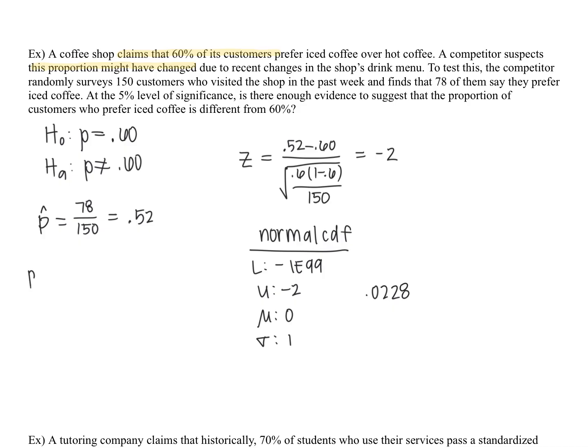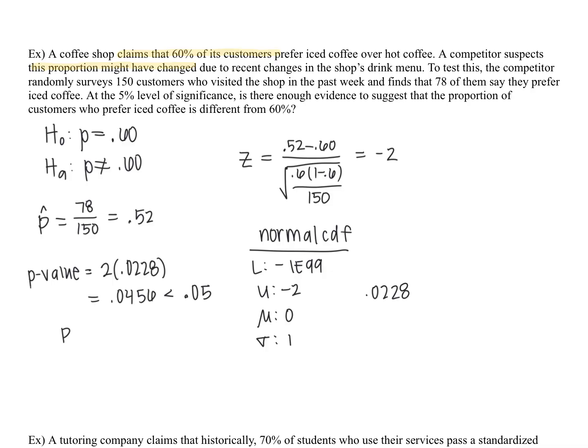So for my p-value, I actually have to do 2 times 0.0228, and it becomes 0.0456, which is less than 0.05.